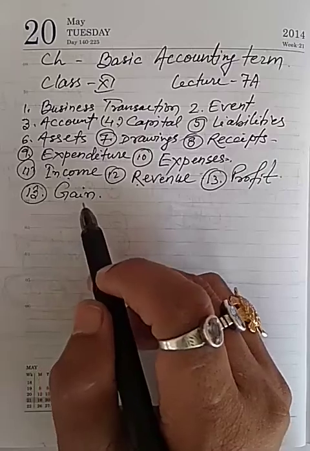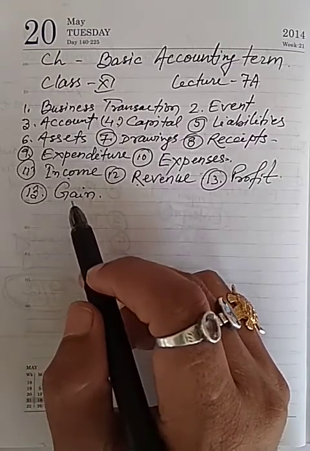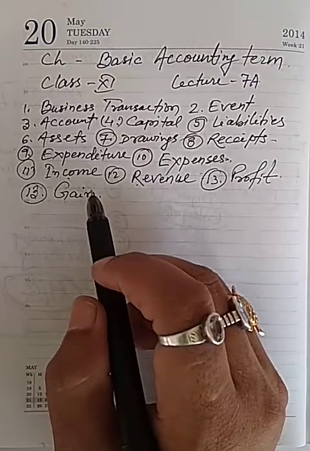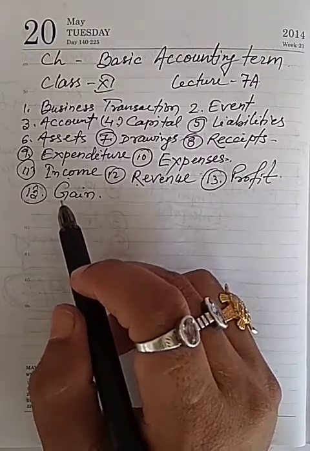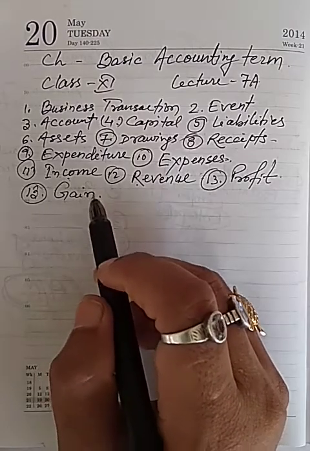For example, if a building costing 10 lakh rupees is sold for 12 lakh rupees, 2 lakh rupees will be gain on sale of building.